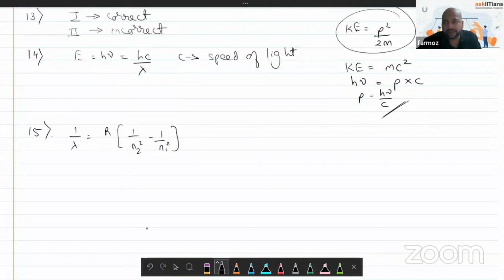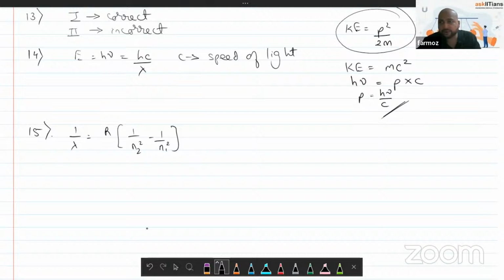Now see, if I'm talking about the spectral lines, when I'm talking about the series, it is the Lyman series, Balmer series, Paschen series. In the Lyman series, all the atoms jump from any random orbit to the first orbit. So if they are jumping to the first orbit, they are denoted as the Lyman series. If they are jumping to the second orbit, they are denoted as the Balmer series.